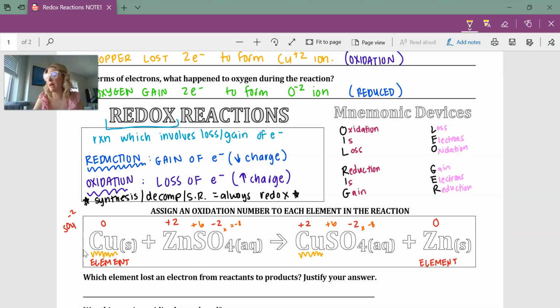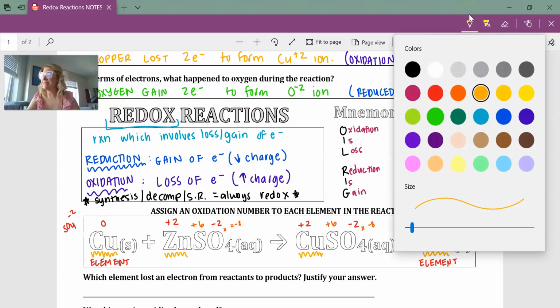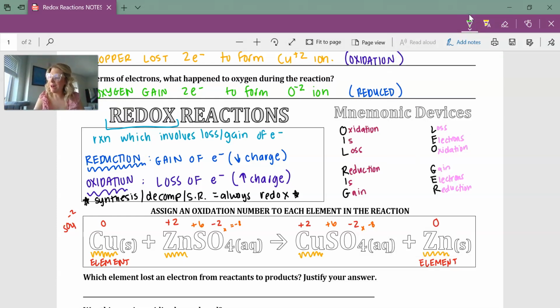We have copper to copper 2+, and zinc 2+ to zinc 0. Which of these 2 has the charge increasing? Well, our charge is increasing going from copper to copper 2+. 0 to +2 is a loss of electrons or an increase in charge.